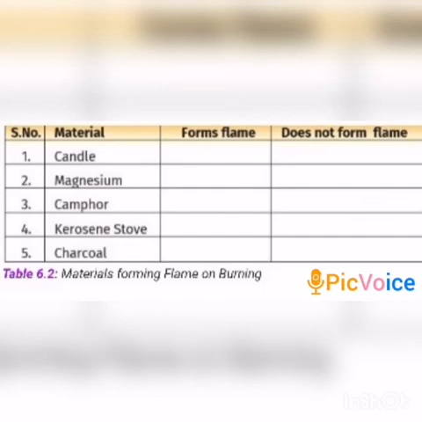Write the correct answer in table 6.2. This table is in your science textbook, page number 70. Complete this table. We will learn about flames in the next class.